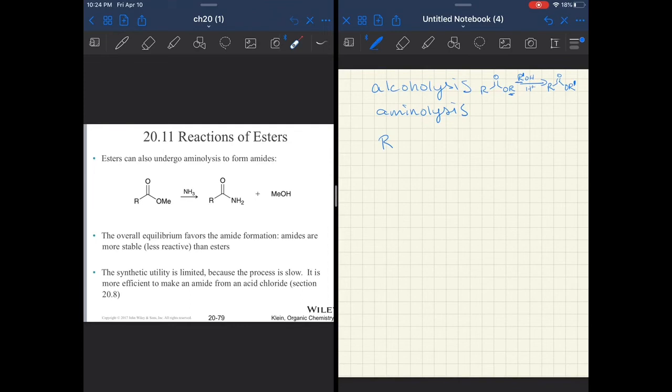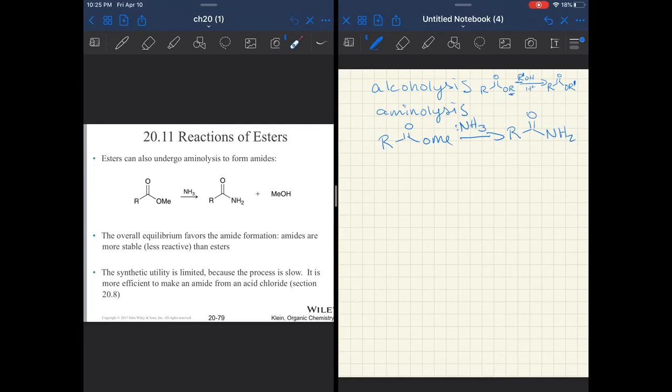Aminolysis does not need the acid catalyst because, well, the amine is a good nucleophile, right? Whether you're using ammonia, a primary or secondary amine, it will be able to attack on its own. So you are still going to be replacing your Z group with whatever your nucleophile is minus one of the hydrogens.